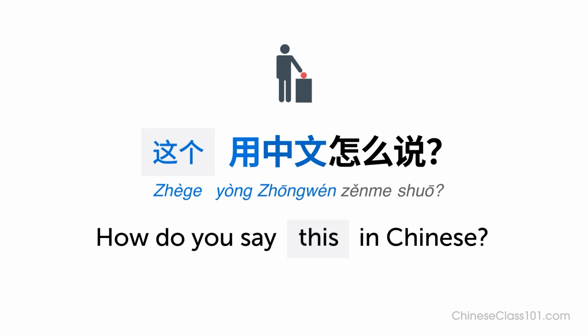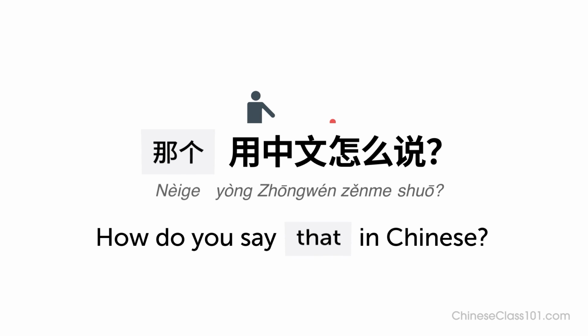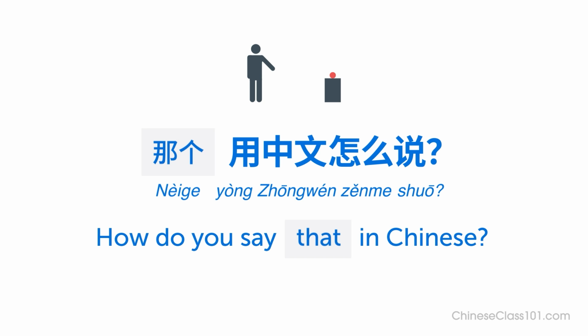If the thing is far away from you, use 那个, that. 那个用中文怎么说, How do you say that in Chinese?